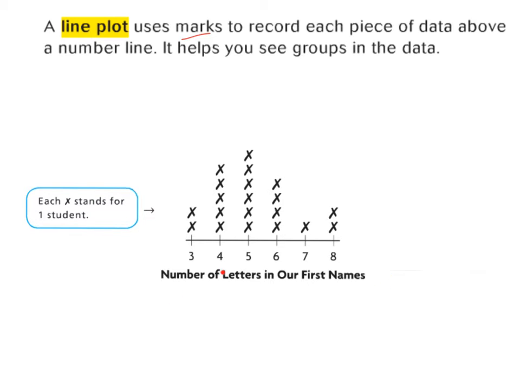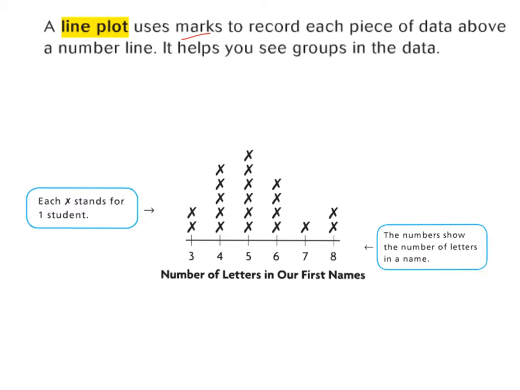Now look at this label down in the bottom. It says number of letters in our first names. You'll also notice that there are numbers here, just like in a number line. The numbers show the number of letters in a name. So, for this line plot, some students took a survey of the number of letters in their first names, and then they recorded this data in this line plot that you see here.